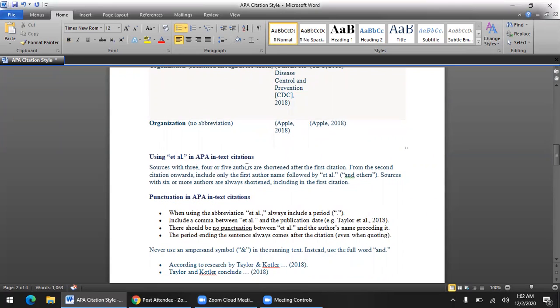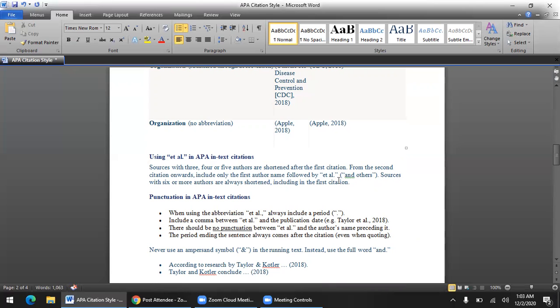Using et al. in APA in-text citations: sources with three, four, or five authors are shortened after the first citation. If a source has been written by three, four, or five authors, we are going to shorten it, and whenever we shorten it, we put et al. In onward citations, include only the first author name followed by et al.